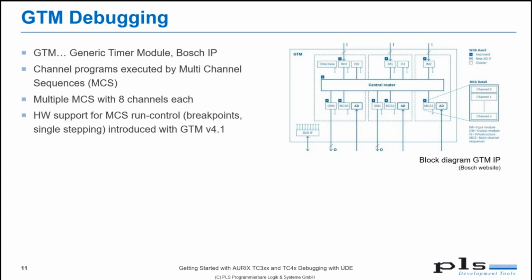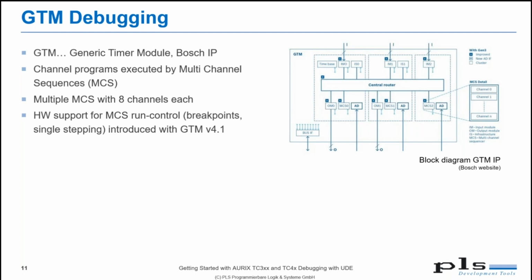But as I said before, there is a difference between TC3, TC2, and TC4. Debugging, that means run control, setting breakpoints, stepping through the code, is only possible with the latest version of the GTM, which is version 4.1. For older versions, there is no hardware support for debugging at all.